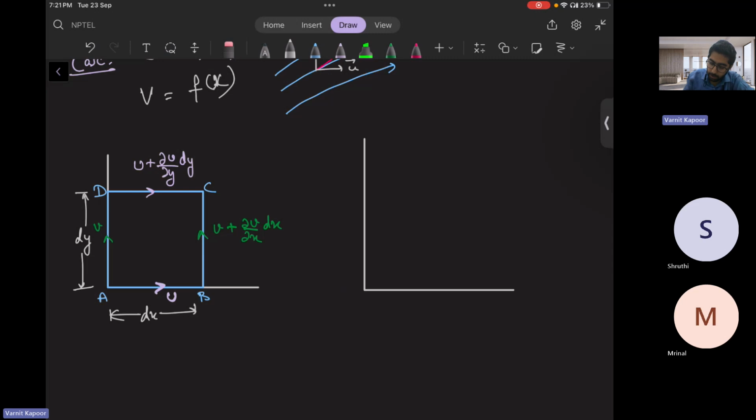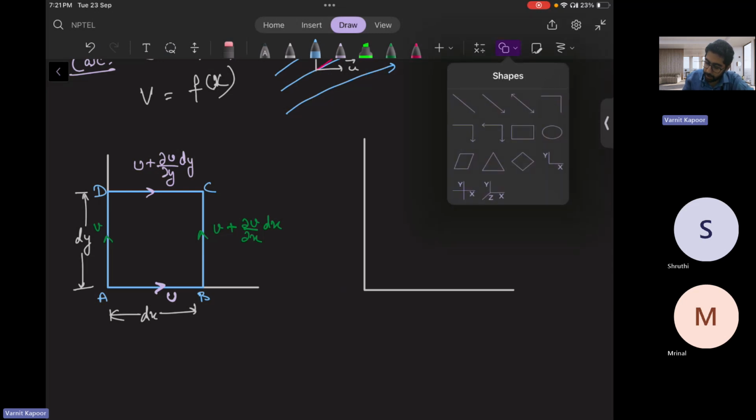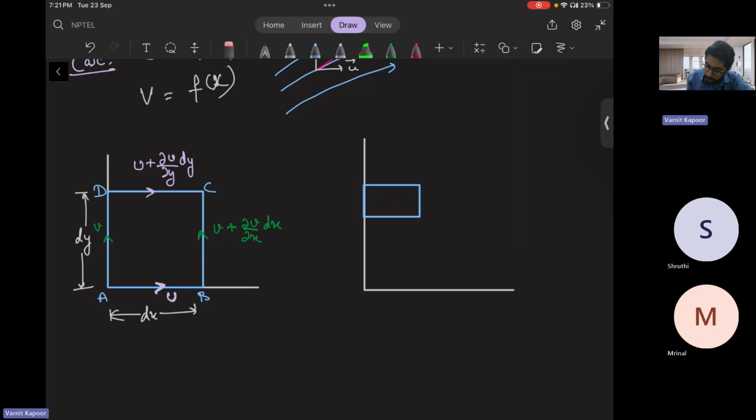So again, my fluid element, because of the difference in the velocity in the x direction, which is changing with y, there will be a displacement in the fluid element, like this, which incorporates the shear stress formula. We have discussed this in the first tutorial.